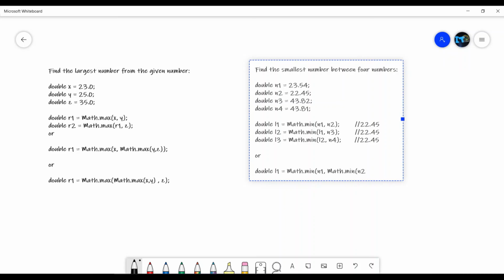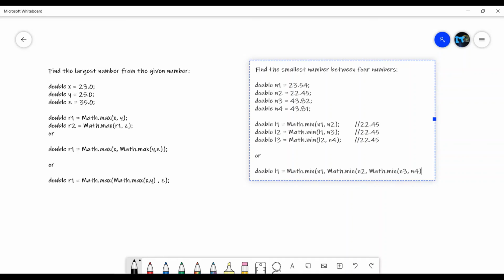So n2 comma, instead of n3 we have to compare with your n3 and n4 also. So Math.min method of your n3 comma n4. So this is your last one.